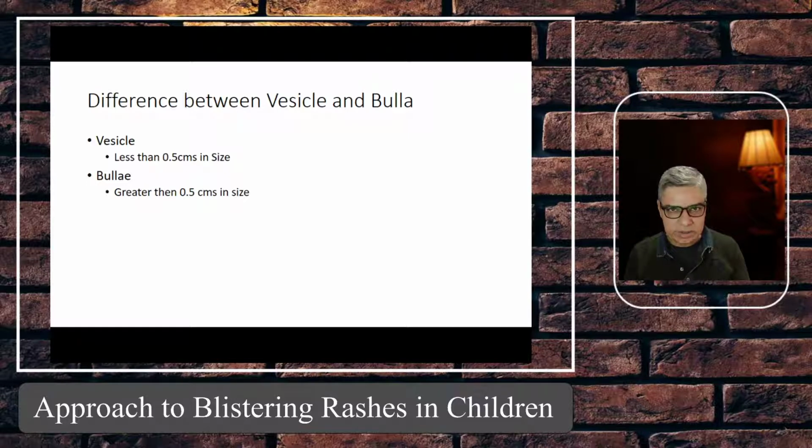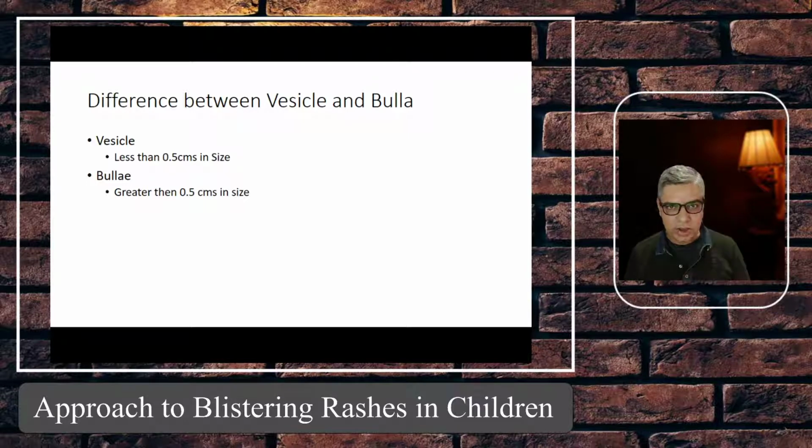It's only the size that differentiates between a vesicle and a bulla. But remember, both these types of blistering rashes, whether it's a vesicle or a bulla, are always filled with clear fluid.